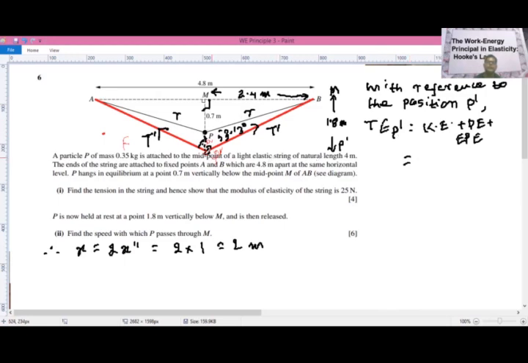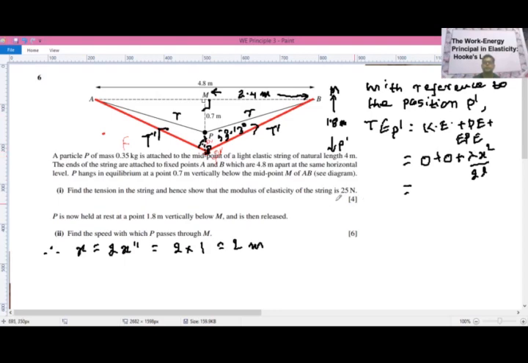In the beginning the velocity is 0, therefore the kinetic energy at this point is 0, and also with reference to the point P dash there is no position shown with respect to P dash itself. Therefore at P dash the potential energy is also 0, but the elastic potential energy is given by lambda x squared by 2L, where L is the original length. And we have just seen that the value of lambda is 25 Newton.